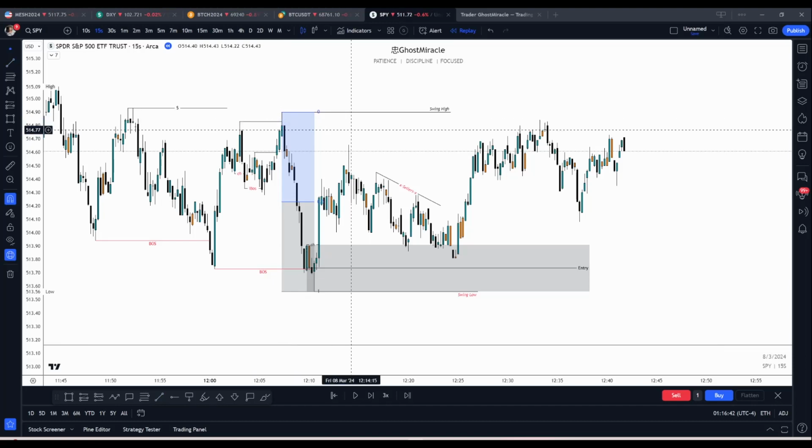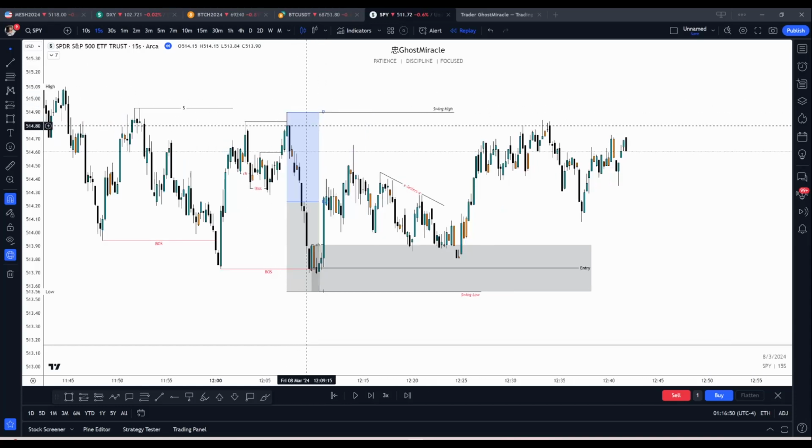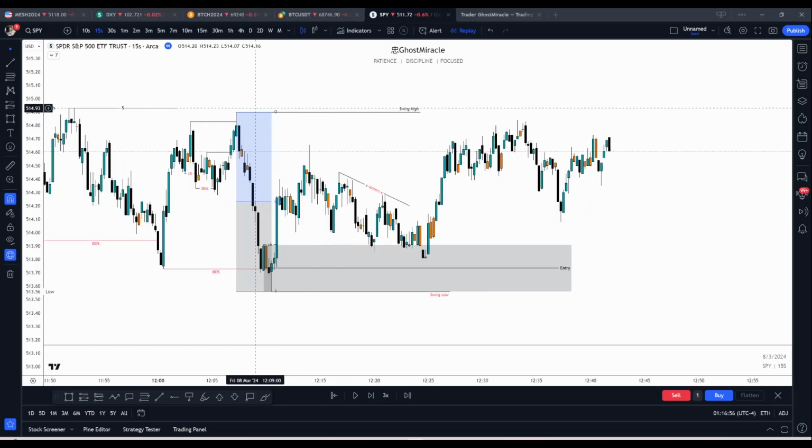Did price break this high? All right. Price failed to break this high, right? I mean, it broke, so you had a break in structure, but it's not a break of structure because it didn't close above. But technically, it did sweep or break this high.